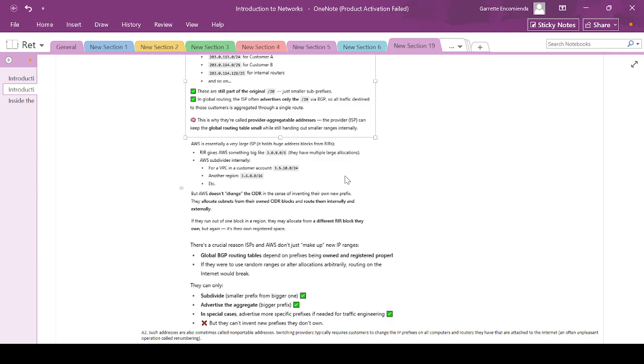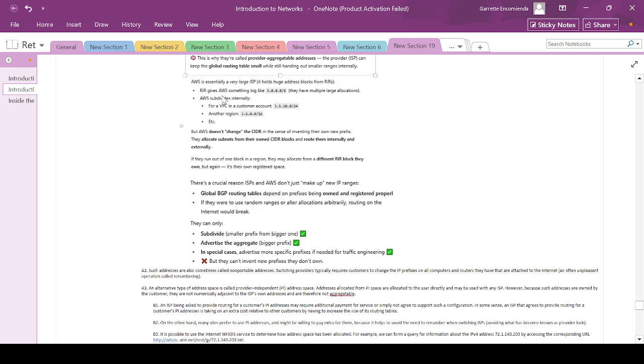So for an AWS example, AWS is essentially a very large ISP. It holds huge address blocks from RIRs. The RIR gives AWS something big like 3.0.0.0/8. They have multiple large allocations. AWS subdivides internally.